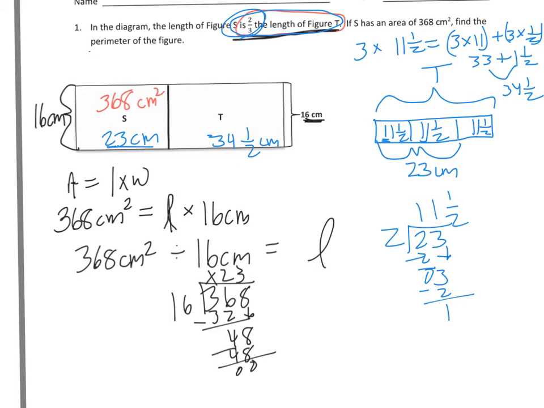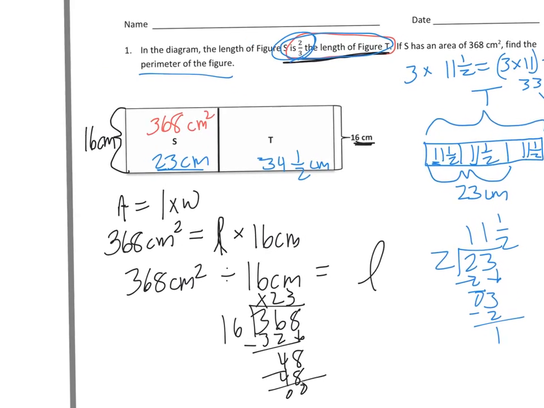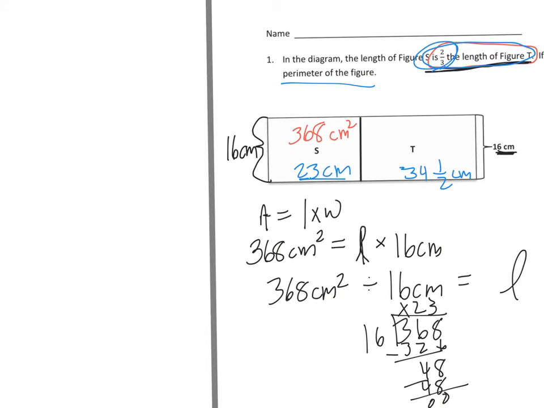Now I got to find the perimeter. And the way I find perimeter is I'm just going to add all the sides up. So I know, and I'm going to go way out here to the side, I know that I have 23 and 23 and 16, because that's this, this, and this.